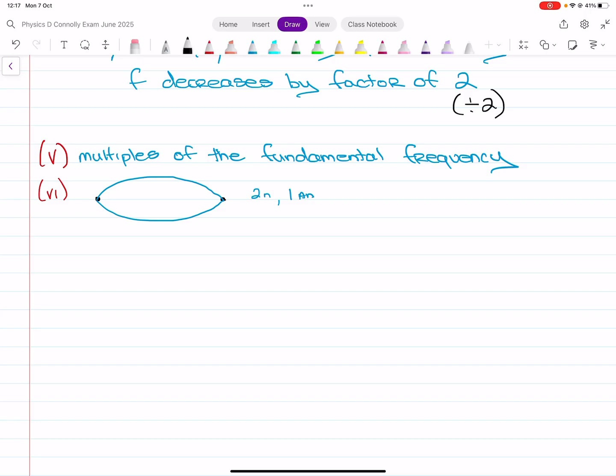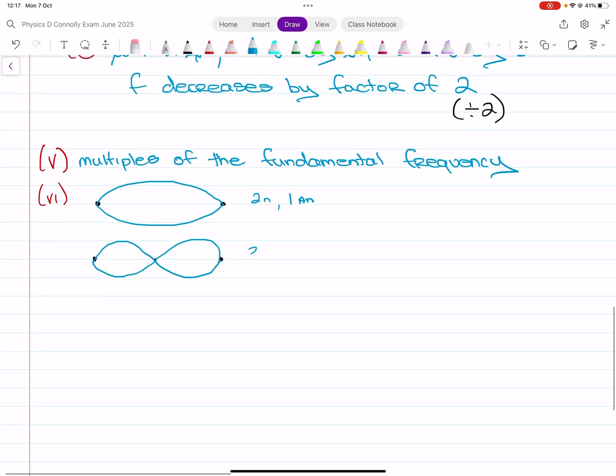I'm going to keep these the same width and just add in my next node. That gives me an indication of how to draw it. So that is 3 nodes, 2 antinodes.